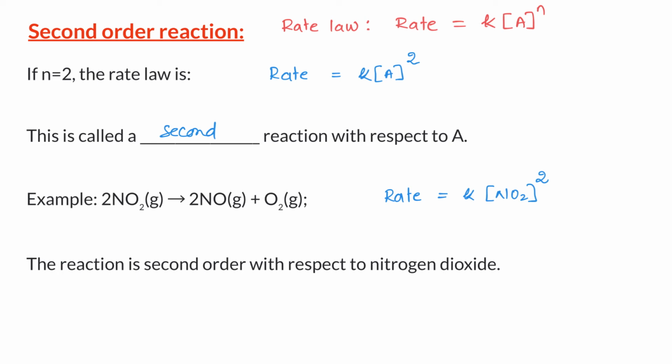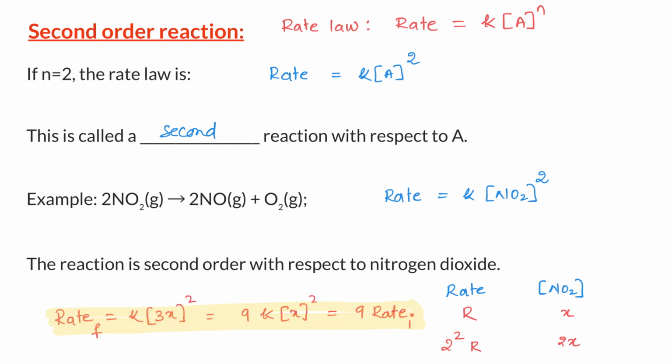The reaction is said to be second order with respect to nitrogen dioxide. What it means is, if we increase the concentration of NO2 by 2 times, the rate increases by 2 squared times, that is 4 times. Similarly, if we increase the concentration of NO2 by 3 times, the rate increases by 3 squared times, that is 9 times.